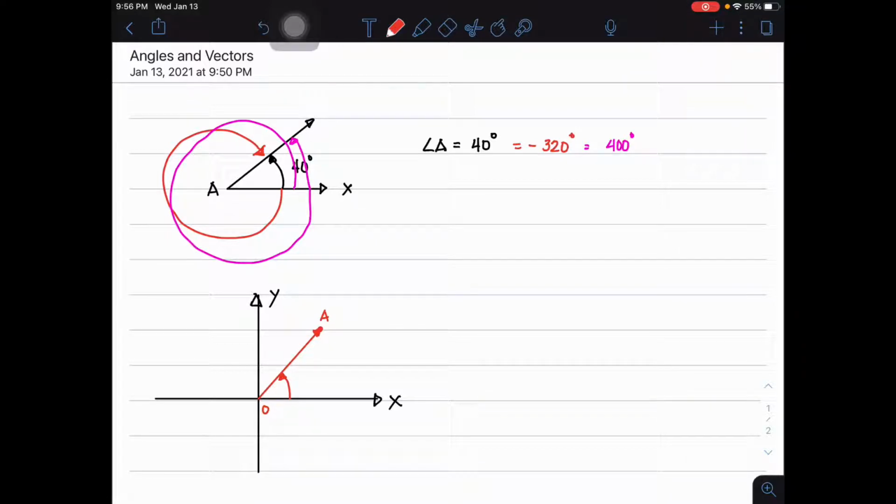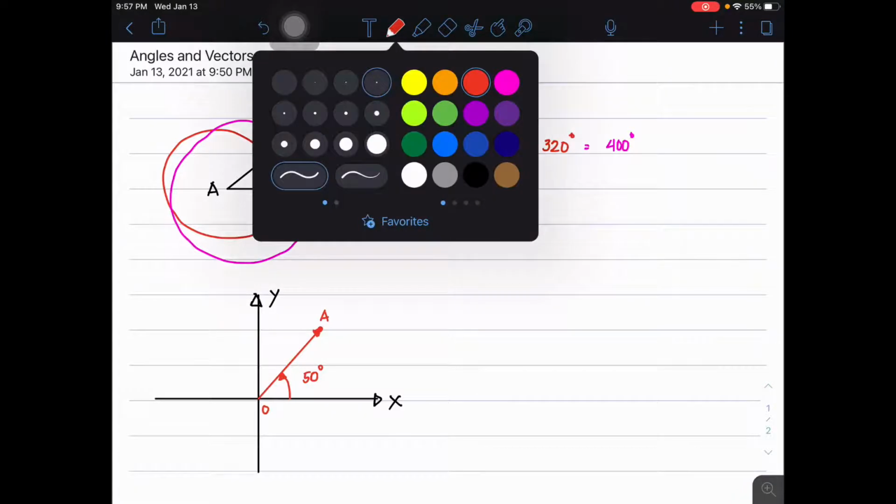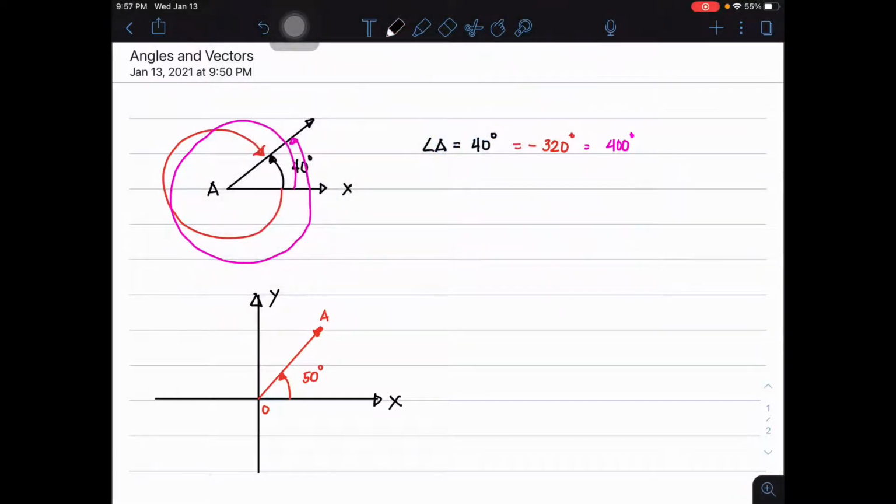Let's say that is 50 degrees. Now, if you're going to express this, I have to indicate the measurement of the vector. Let's say the vector measures 3 units.